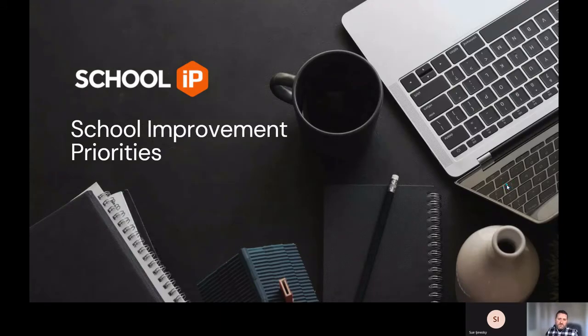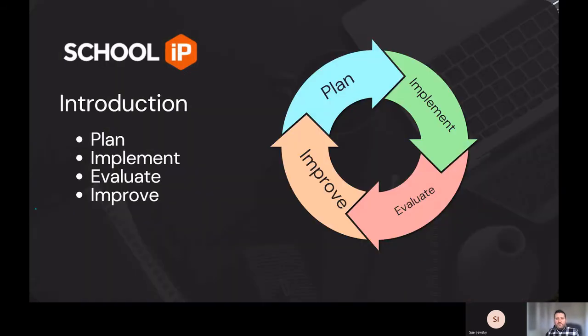And so on to the main point of the day, school improvement priorities. We'll be looking at School IP this morning and reflecting back on the process of whole school improvement involving planning, what it is that we're going to do, implementing the processes to bring about the improvement, evaluating our progress, and then analysing our improvement before driving the planning phase once more.